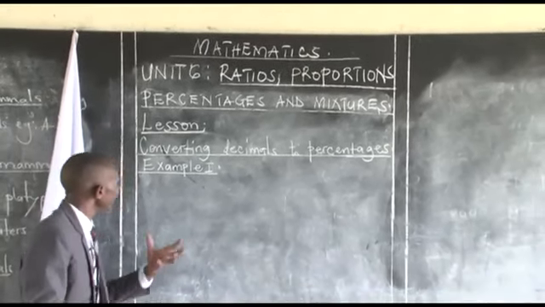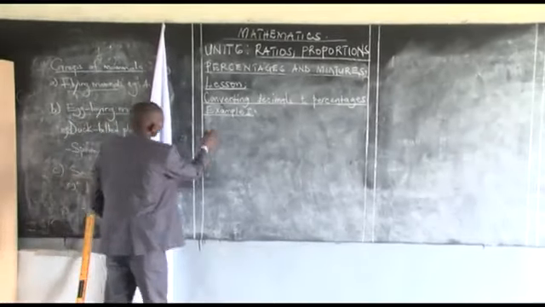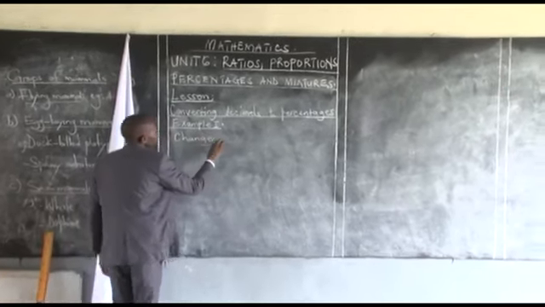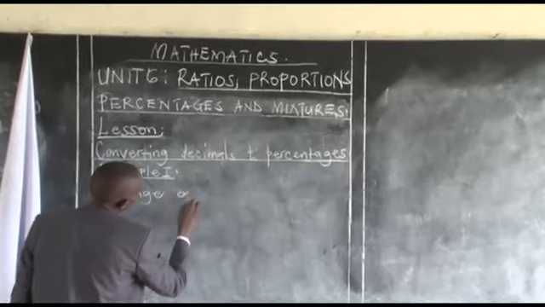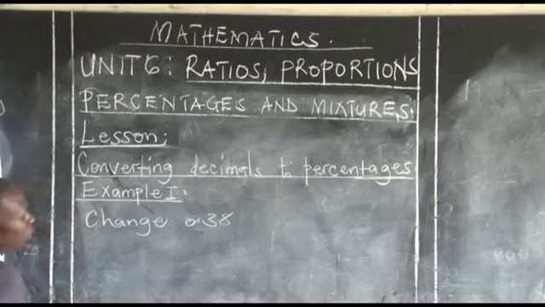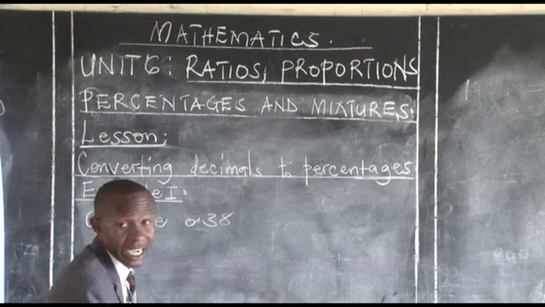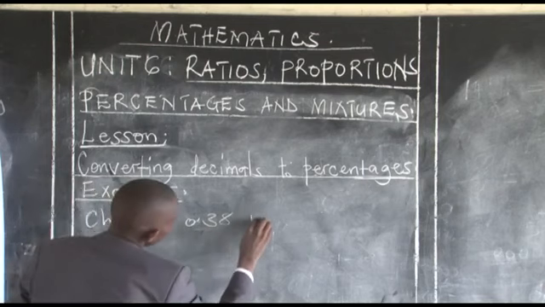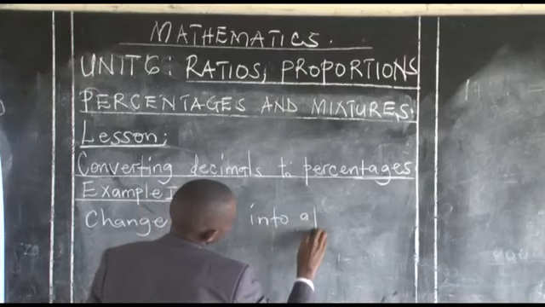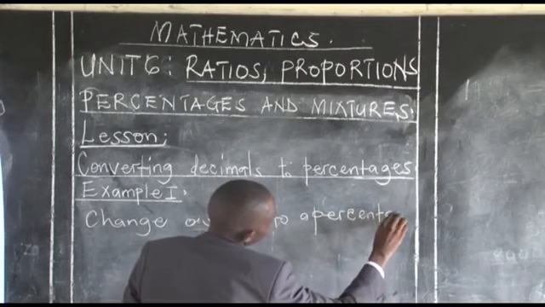For example, if somebody gives you a question like this one here, they say, change 0.38 into a percentage.